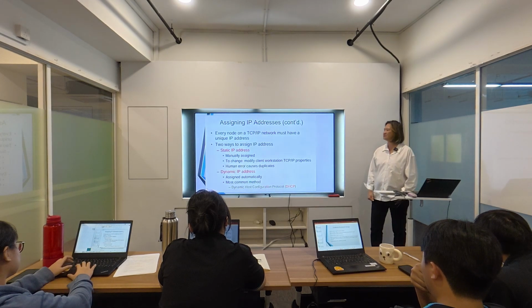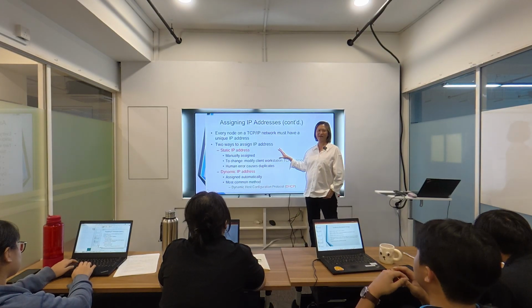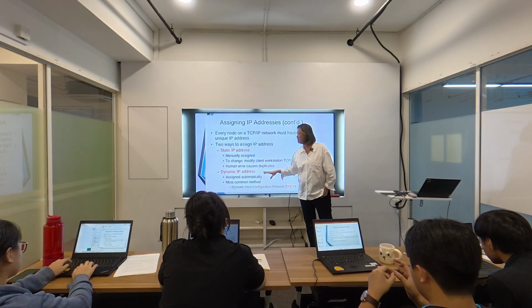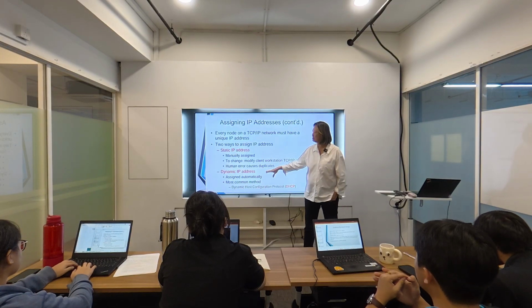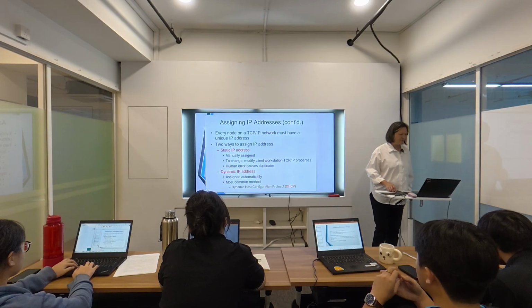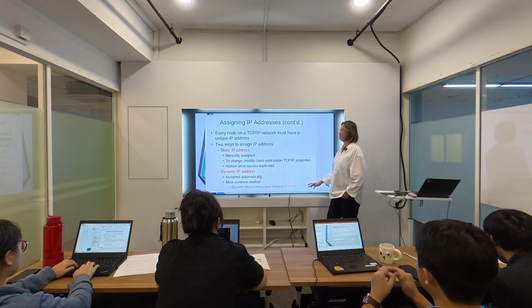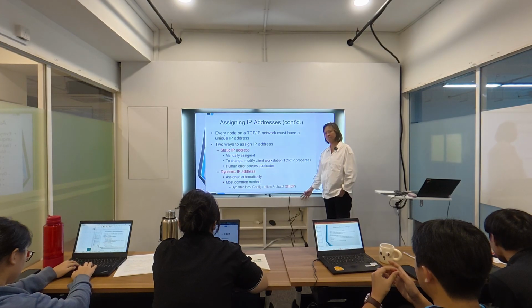One is statically configuring the IP address, that means manual configuration. The other one is using a server called DHCP. That is called dynamic IP address. DHCP stands for Dynamic Host Configuration Protocol, and it is a server. So there is a DHCP server that will assign addresses automatically to devices.